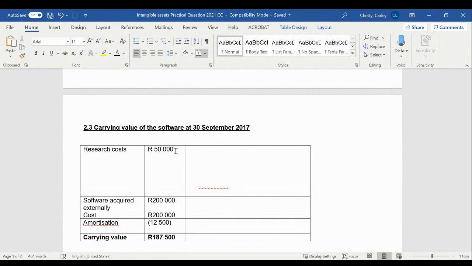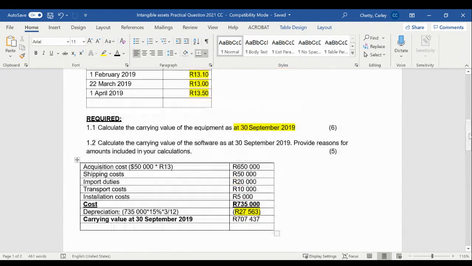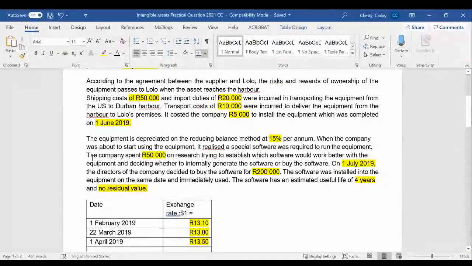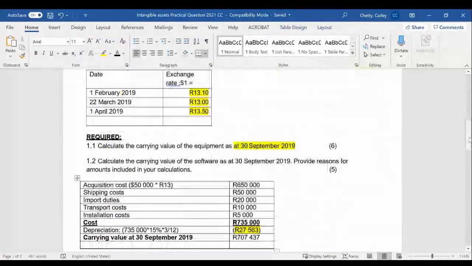So we spent the research looking at different softwares. Let's have a look at what it says. It says here the company spent 50,000 on research trying to establish which software would work better with the equipment and deciding whether to internally generate the software or buy the software. So they then decided to buy the software.